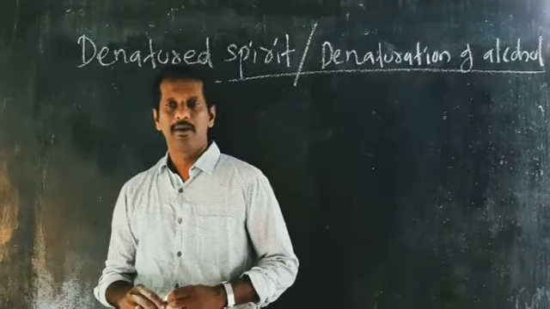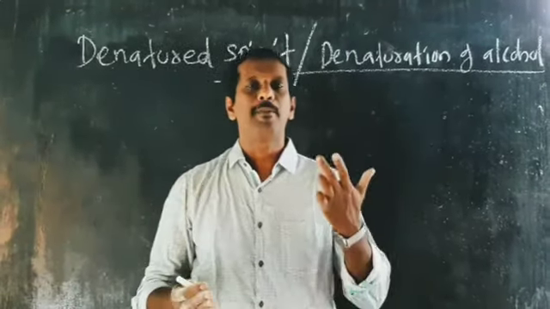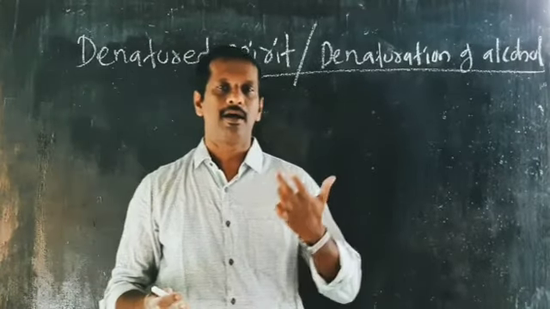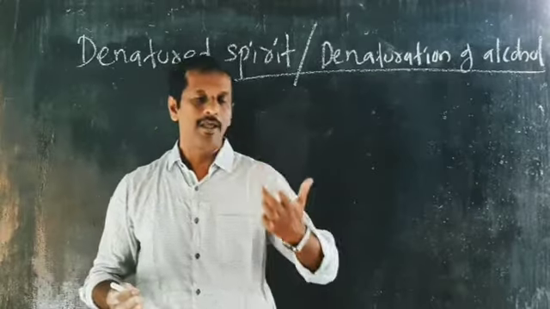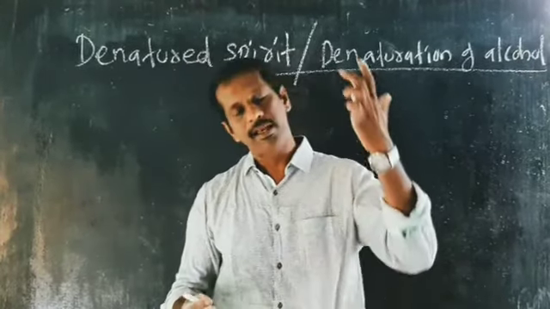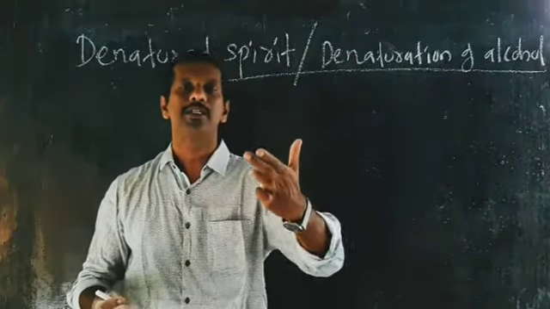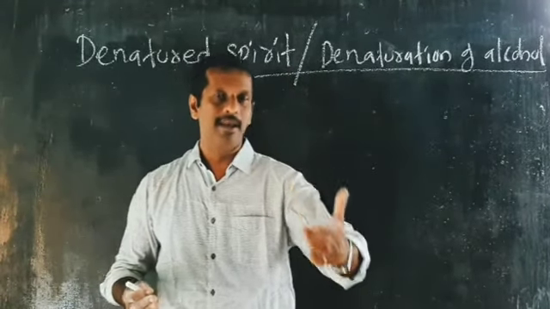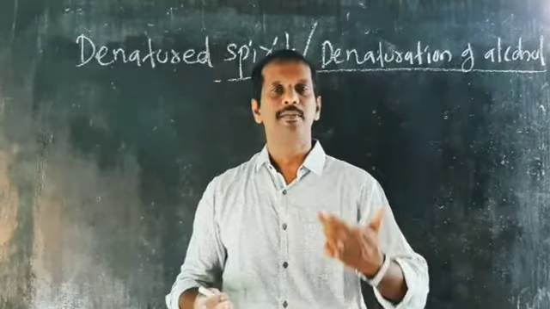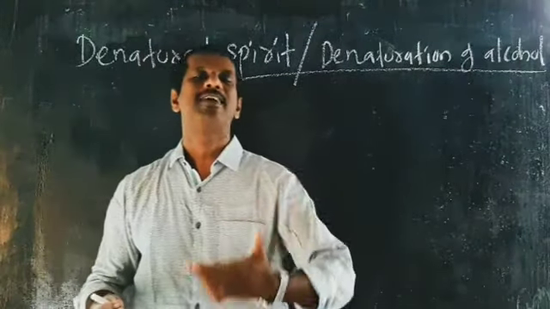We know that ethanol has wide application in industry and in the medical field, even in our colleges, schools, and laboratories. At the same time, ethanol is used as a beverage. Ethanol is the main content in our beverages, that means whiskey, brandy, or beer.